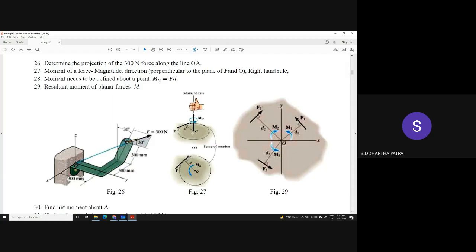But here I'm not talking about this special scenario. I'm talking about every situation when there is a force trying to cause a moment. If you were to sit at the arrowhead of the moment and look at the plane, the moment would appear counterclockwise.